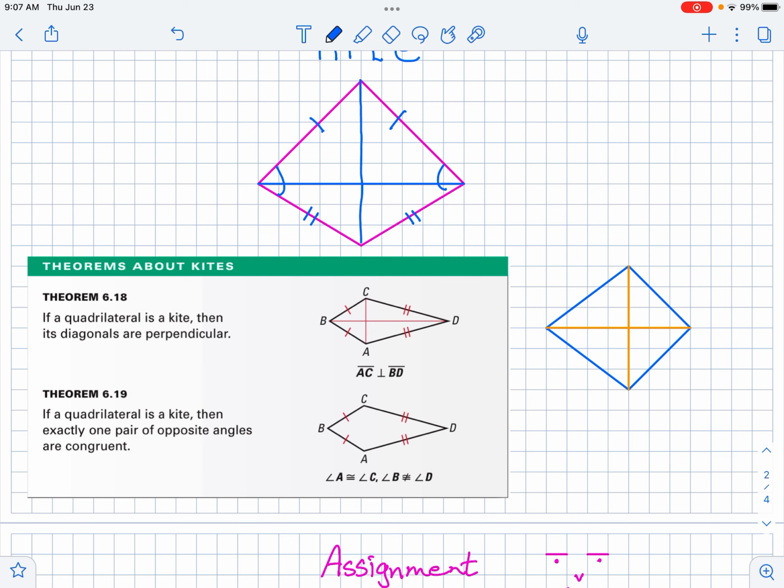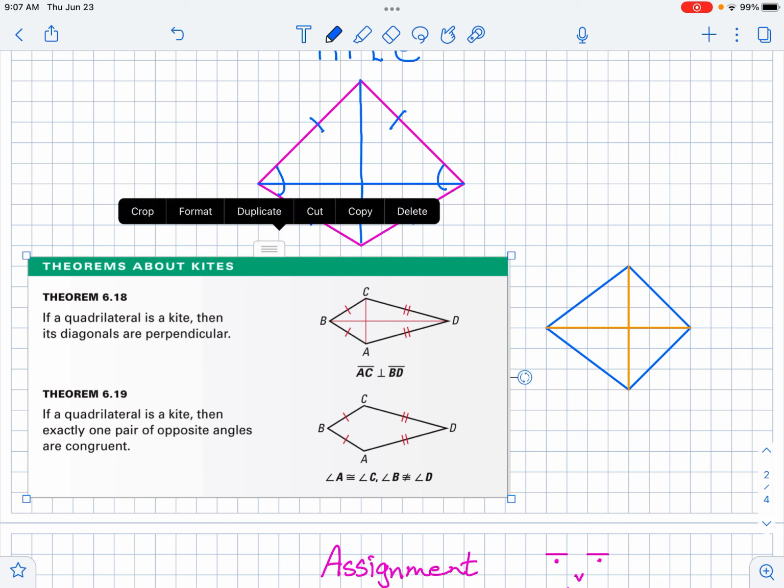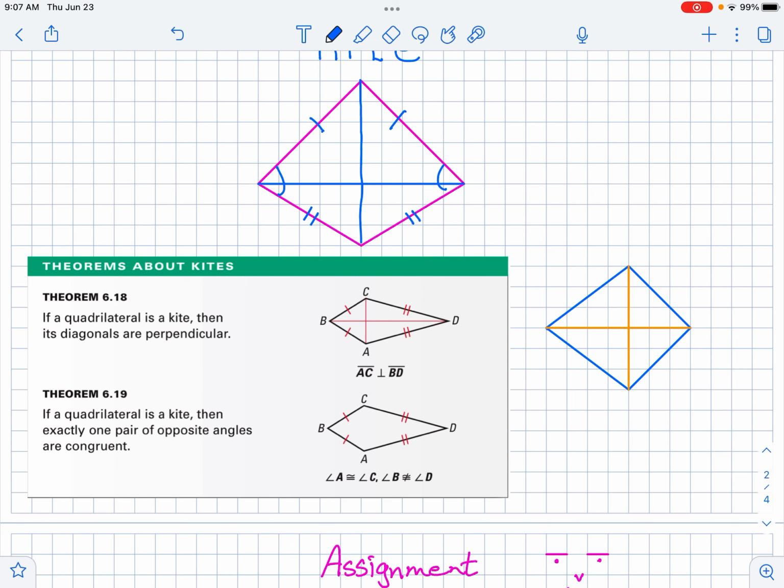Now, if a quadrilateral is a kite, then it has exactly 1 pair of opposite angles congruent. And that's what I showed before. No more, no less. And in this case, it would be this angle and this angle.